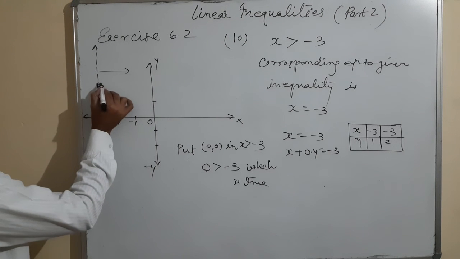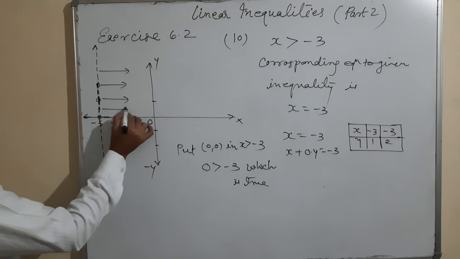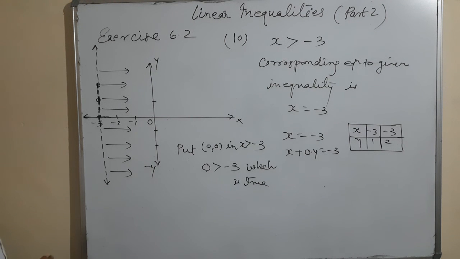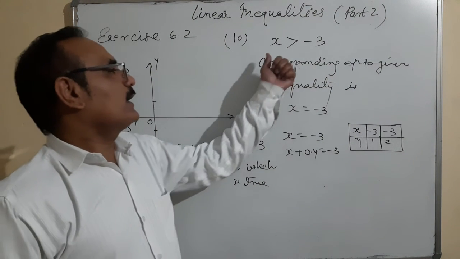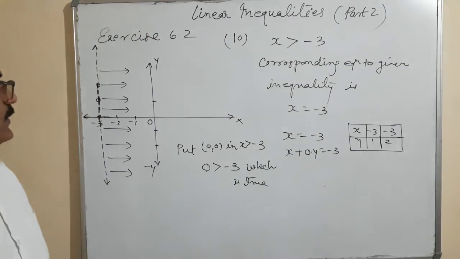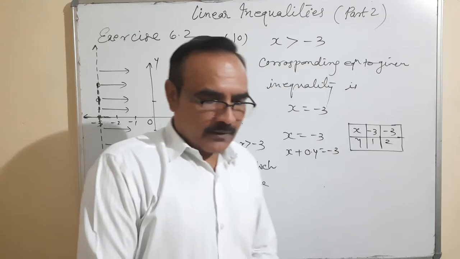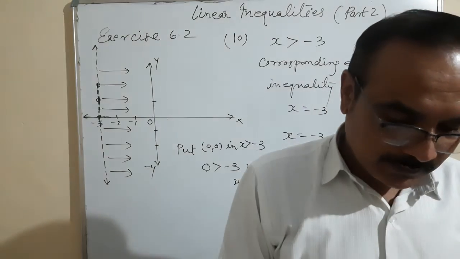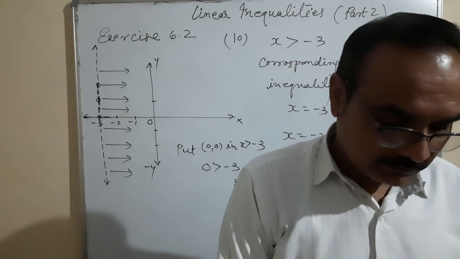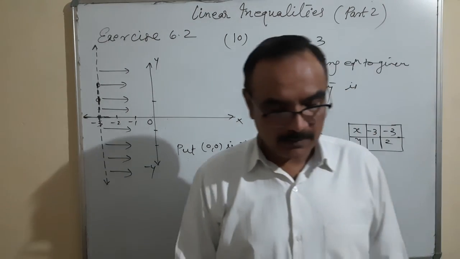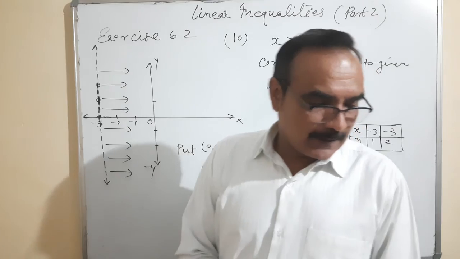Shaded portion, or this is the region to the right of the line, will represent x greater than minus 3, okay, and the line is dotted. Is it okay? Right.